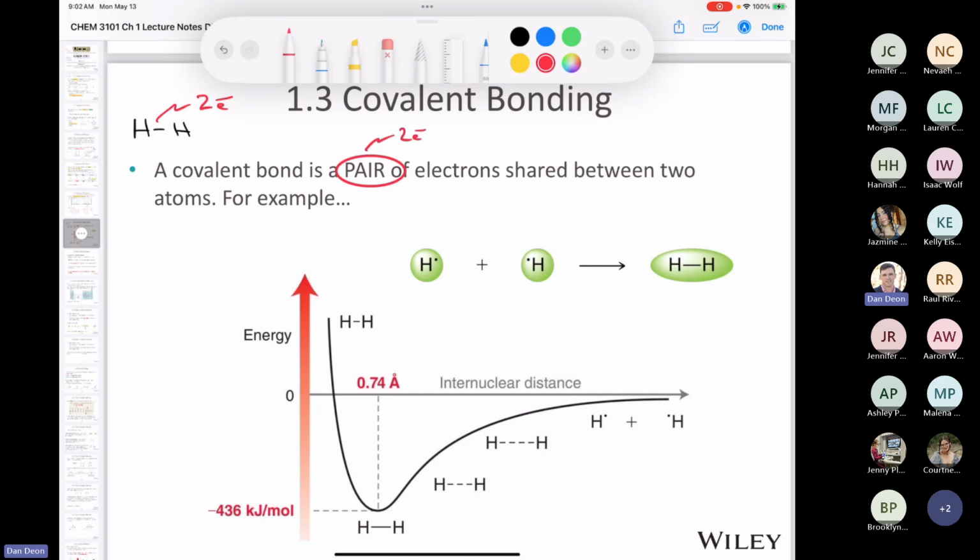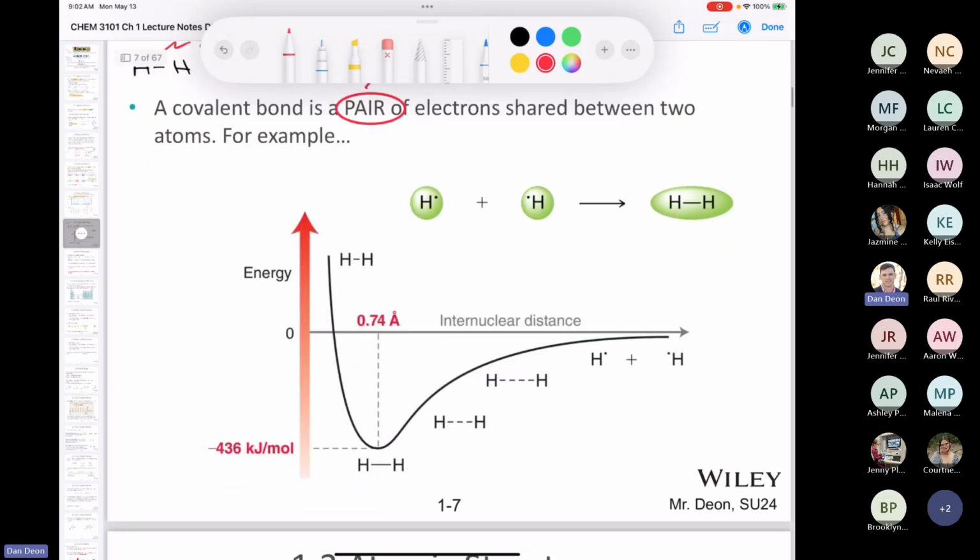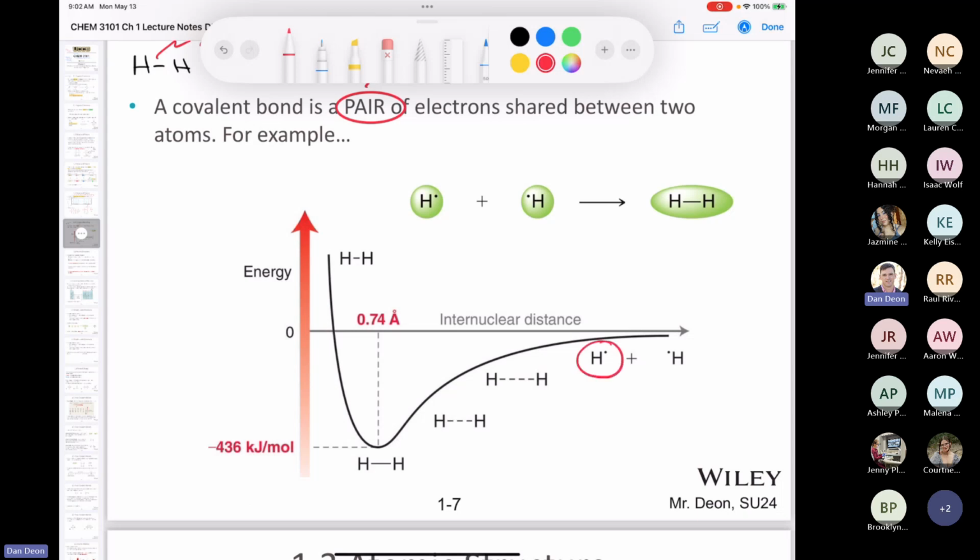And again, the simplest possible molecule that we can have is an H2 molecule, a hydrogen molecule. And what's being shown here in this graph, I know you would have seen this in general chemistry, but if you didn't understand it before, I'll explain it to you now. So if you have 2 hydrogen atoms, you should know that hydrogen is the first element in the periodic table. It has 1 valence electron, right?